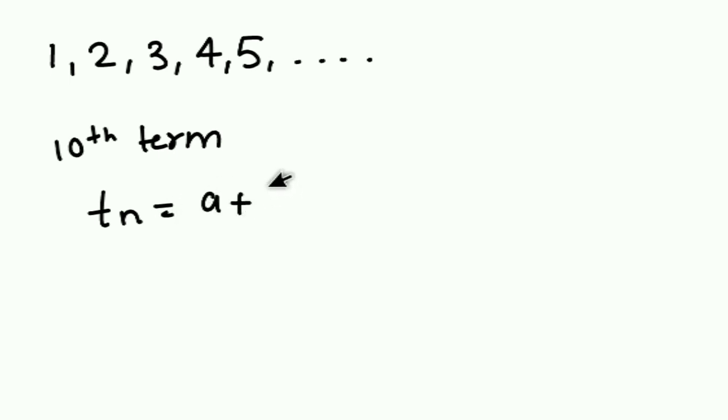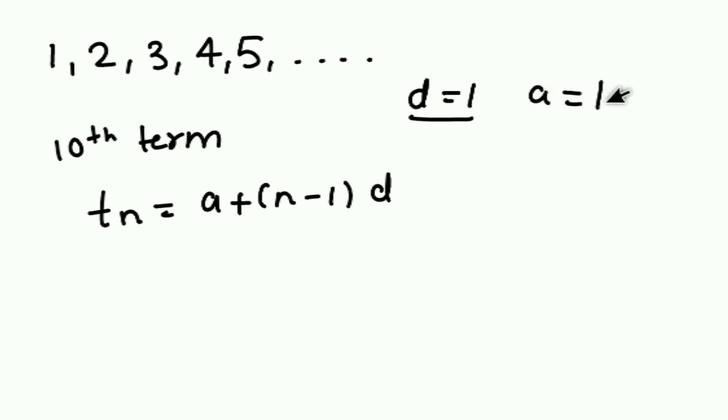If you want to find the 10th term of this AP, how can we find it? For that we have the formula for the nth term: nth term is equal to a plus n minus 1 into d. The common difference of this AP we found as 1, and the first term is 1. So let's substitute the values.